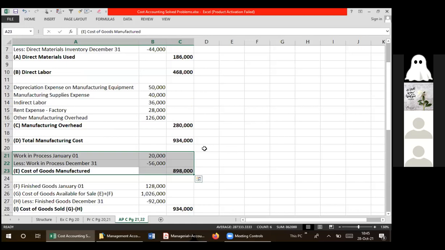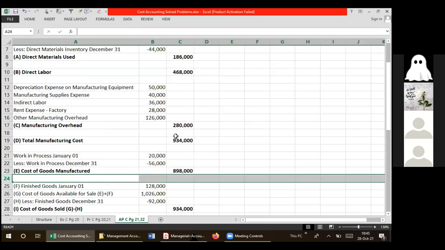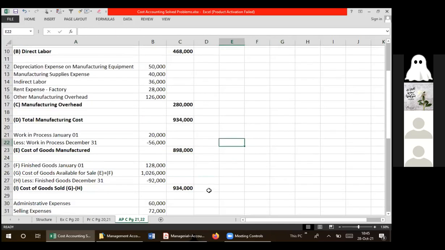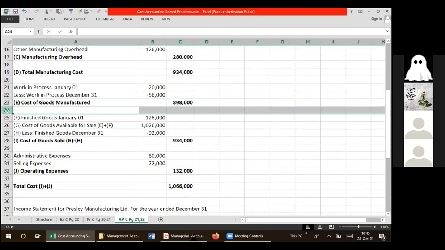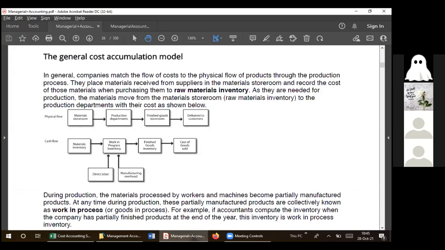Until here, manufacturing is still going on, that is, you put in all the expenses and materials. Goods are either finished or not finished. Once they are finished, they come into the stage below the line, that is finished goods, and then those are sold. So it's the same process being followed in the cost model.